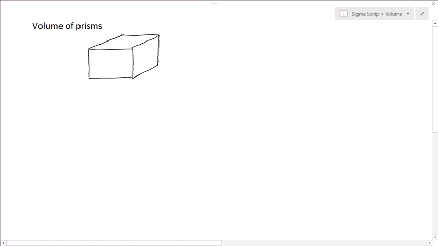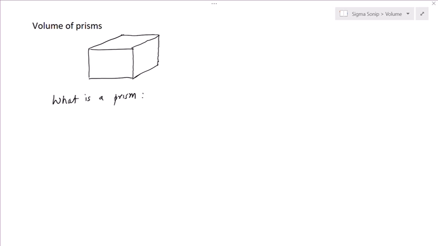So the first thing that comes to our mind is, what is a prism? Now a prism is a shape which has two bases, and they have to be exactly similar, and then they are connected with edges.